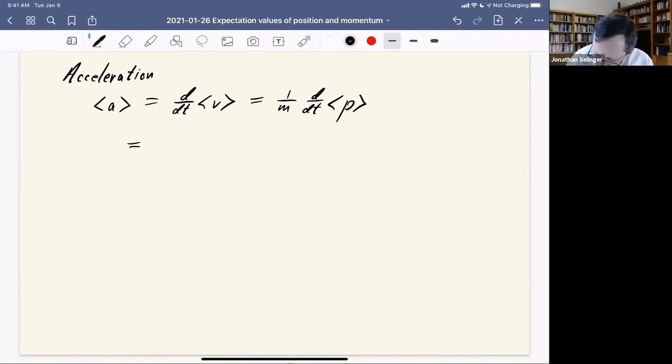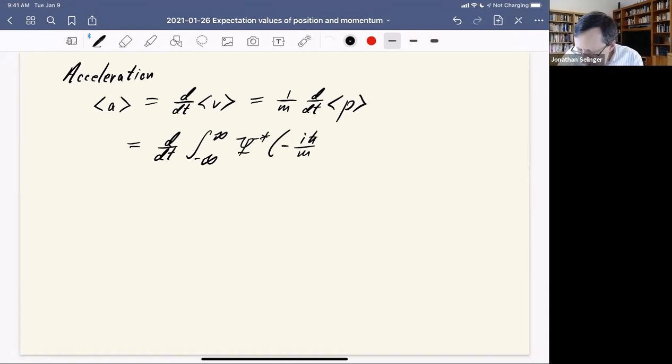So that's the time derivative of another one of these integrals: psi star, then negative i h bar over m times d by dx of psi, integrated dx.